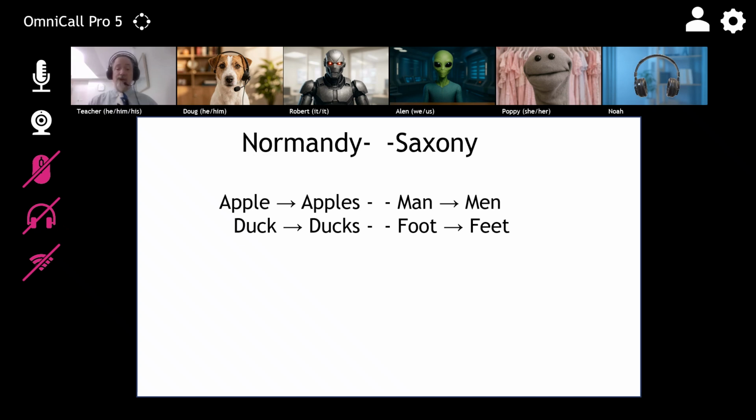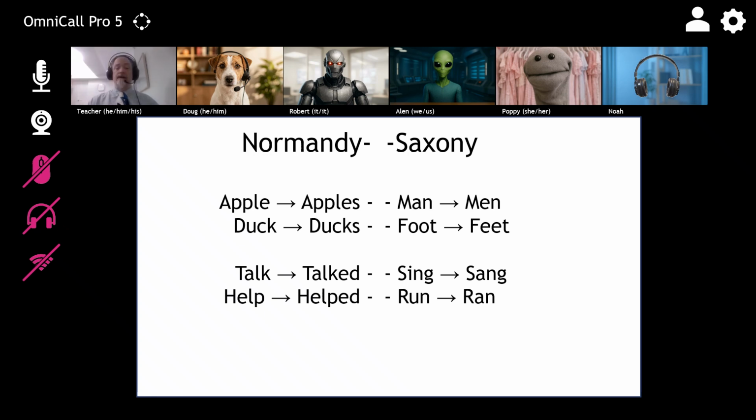Other examples, Normandy adding sounds to the end of a word. Talk, talked. Help, helped. This way, instead of adding an S at the end, we're adding an ED at the end. This is very much a Normandy style pattern. Saxony, same thing. Didn't add a sound at the end, but changed the sound in the middle. We have sing, sang. Run, ran. Nothing new at the end, but the middle changed.